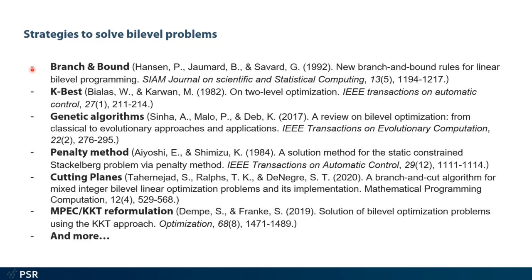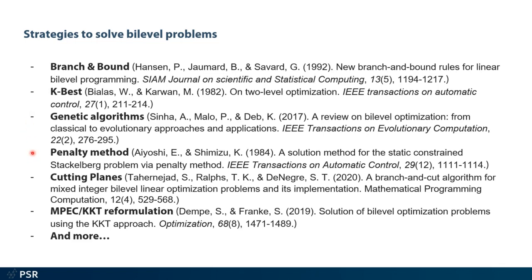The K-best algorithm uses a lot of the techniques of the simplex method to look at dictionaries nearby a current solution and try to improve it locally. Genetic algorithms use many classic techniques of genetic algorithms to solve bilevel optimization programs.